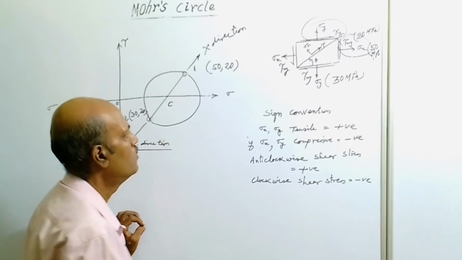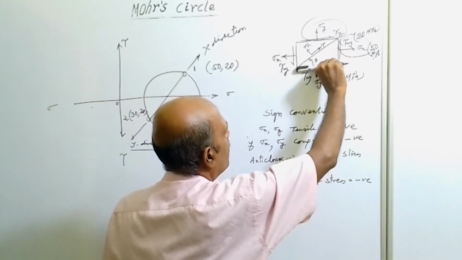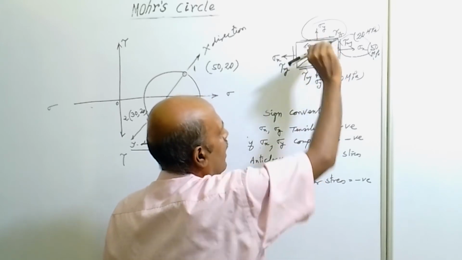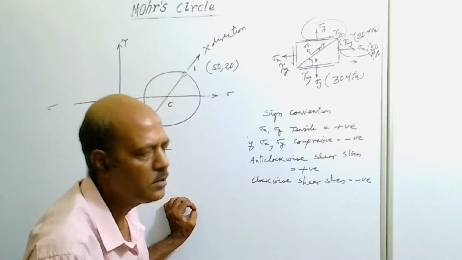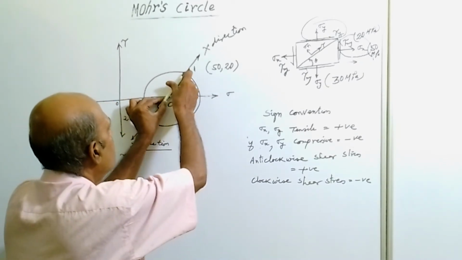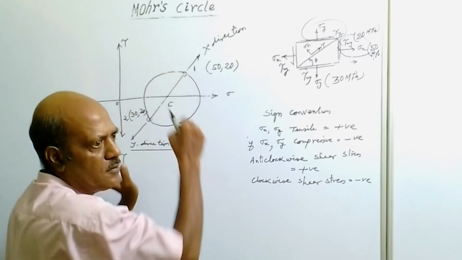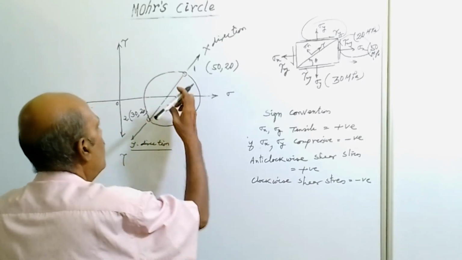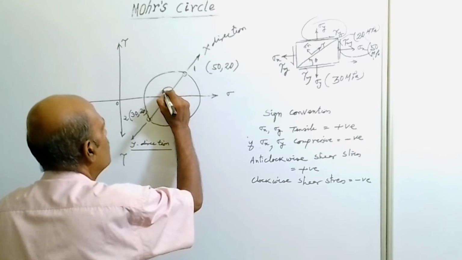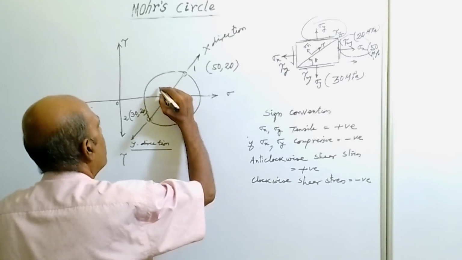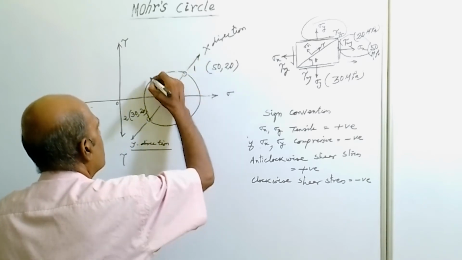Now in the stressed body, locate the plane. The plane is at an angle theta from the x-axis in anti-clockwise sense. So here we rotate this x direction by 2 theta angle in the same sense. Measure 2 theta angle from here and rotate the x direction.